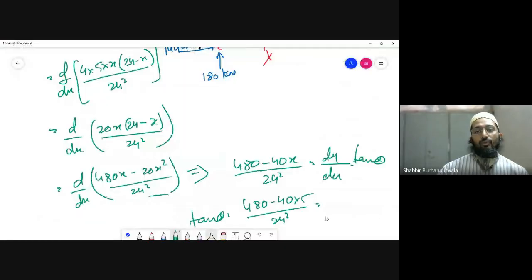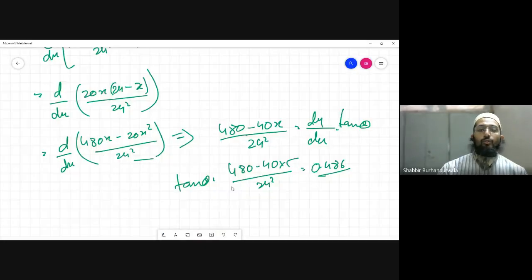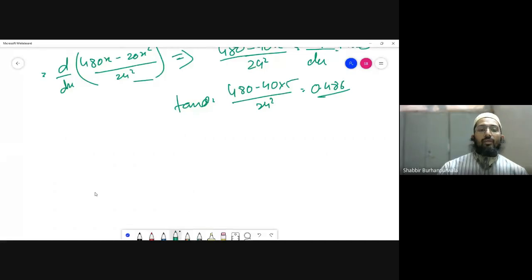0.486. Okay, so the value you are getting is 0.486, but this is tan theta. I want the value of theta. So to get the value of theta, we have to do theta is equal to tan inverse of 0.486.